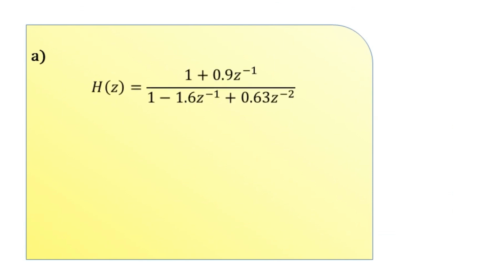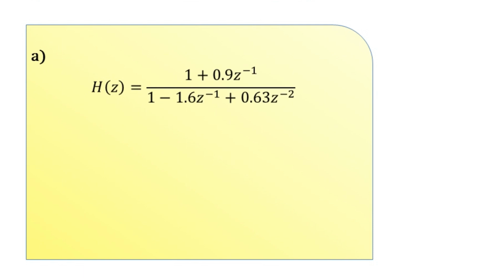As we find the solution to part A, we first make use of H(z), which is equal to 1 + 0.9 z^-1 divided by 1 - 1.6 z^-1 + 0.63 z^-2.